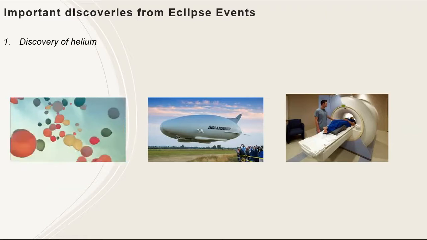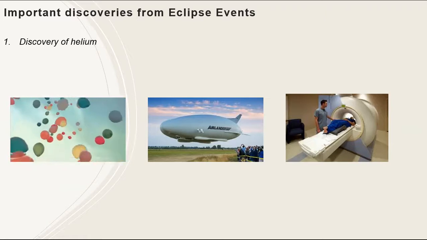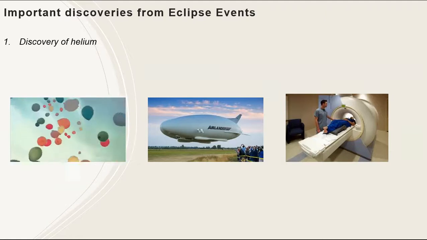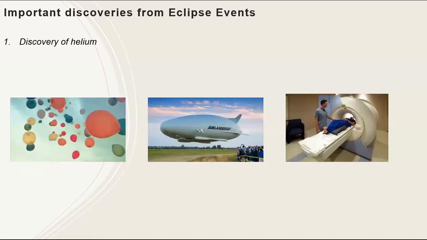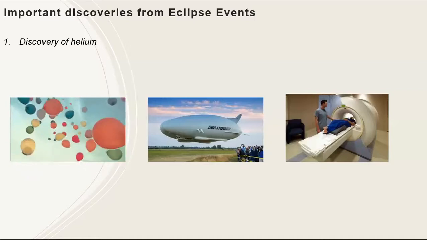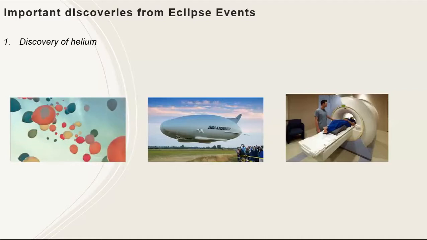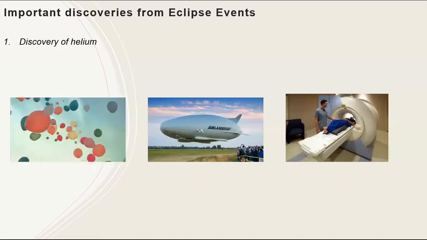This led to the discovery of a new element named helium, from the Greek word for sun. Helium was not discovered on Earth until 1895. Helium is lighter than air, so it is used for decorative balloons and airships. It is also used for cooling the superconducting magnets in medical MRI scanners.